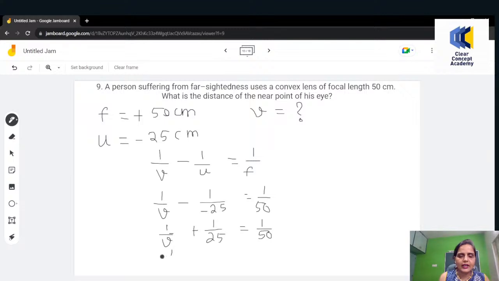So we get 1 by V is equal to 1 by 50 minus 1 by 25. So the LCM is 50. Therefore, we get 1 by V is equal to 1 minus 2 upon 50, that is minus 1 upon 50.